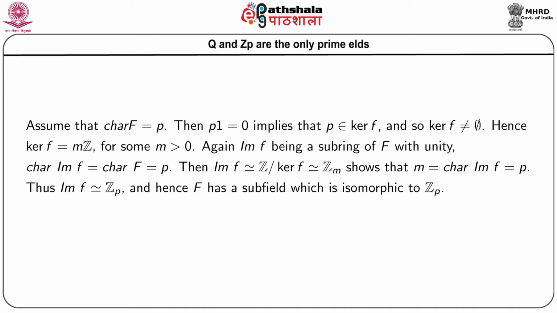Again, ker f equal to mZ implies that Z by ker f is isomorphic to Zm. Thus, image f becomes isomorphic to Zm. This shows that the characteristic of image f is equal to m. Again, we have the characteristic of image f is equal to p. Thus, m is equal to p and image f becomes isomorphic to Zp. Thus, F has a subfield which is isomorphic to Zp.